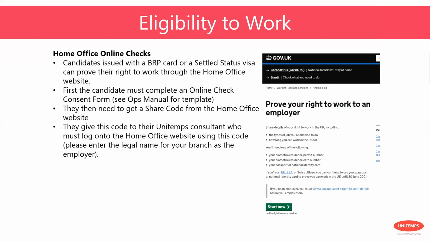If you're not sure, probably the quickest way to find out is on the candidate registration page in the key information documents section. Your key information document template will have your branch's legal name in it. Cool.